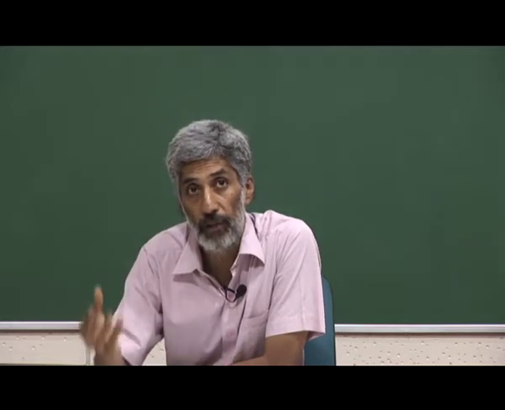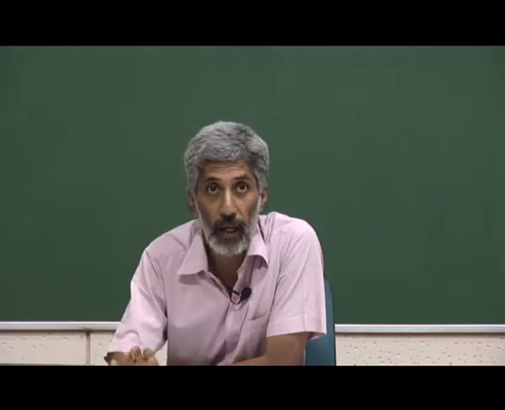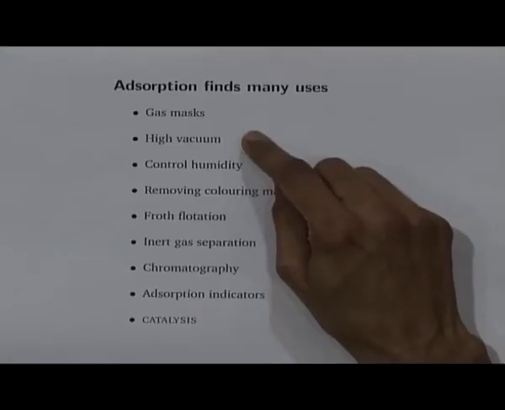After you get the vacuum down to a very low level, you put an adsorbent in the chamber, and the pressure will drop more, because the gas that is there gets adsorbed on the adsorbent. So, that is another use.